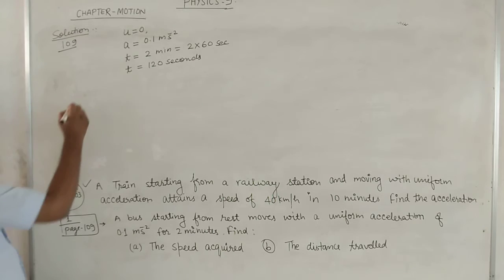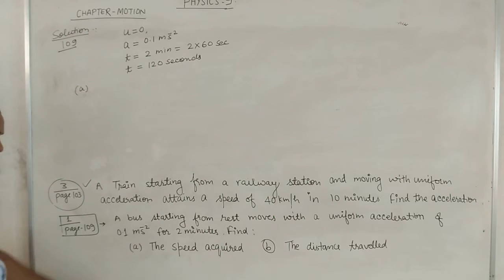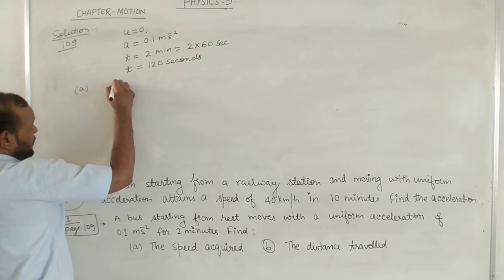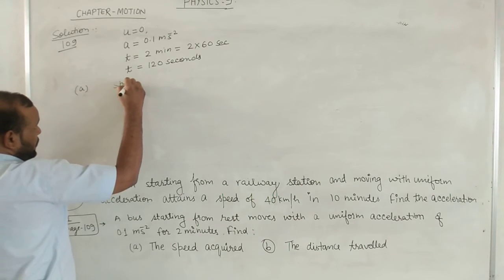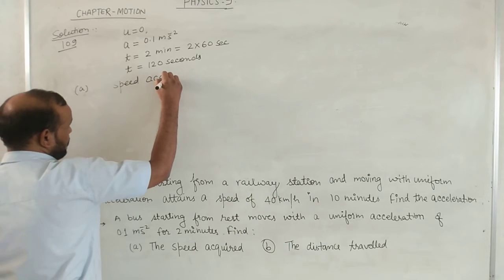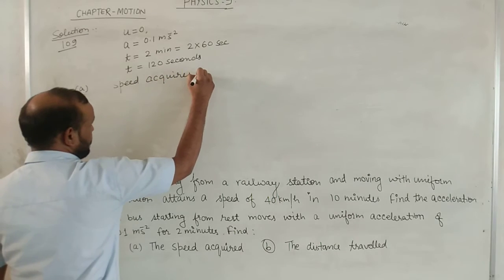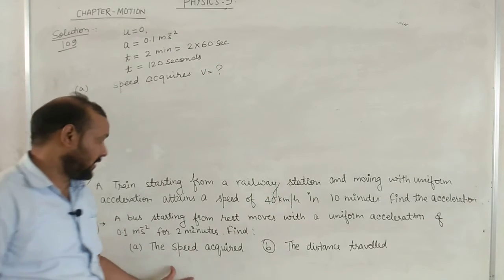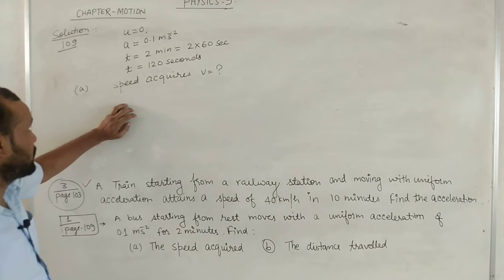Then the first question is here. The speed acquired. You have to find the speed. Speed acquired means v is equal to question mark, means final velocity you have to find. Then which equation of motion is used here?